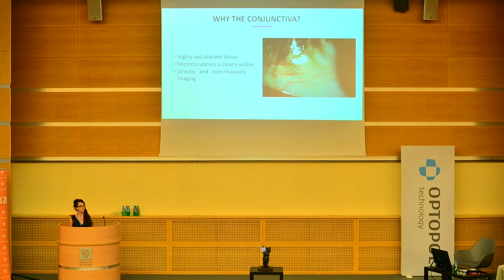One thing about the conjunctiva is that it's one of the most vascularized tissues in the body, and so it gives a great opportunity to study a very dense vascular network in a very easy way. It's also the only part of the body where we can see constituent blood vessels without the need of any expensive instrumentation or any invasive technique.